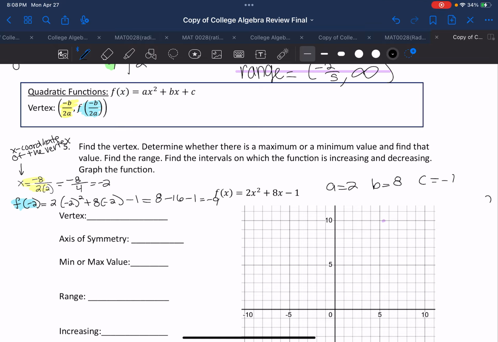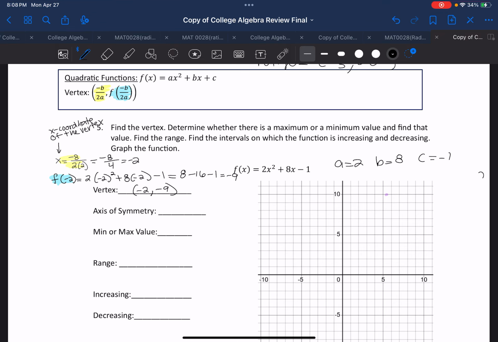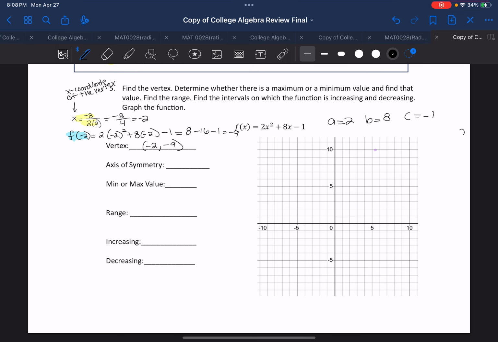Okay, so the vertex would be the ordered pair negative 2 comma negative 9. All right, so I'm going to go ahead and plot that on this graph. Negative 2, 1, 2, negative 9 would be all the way down here.